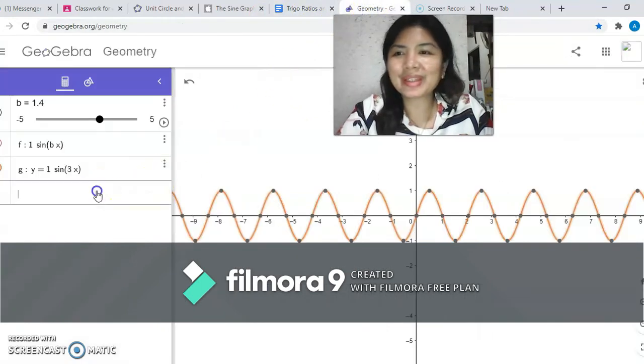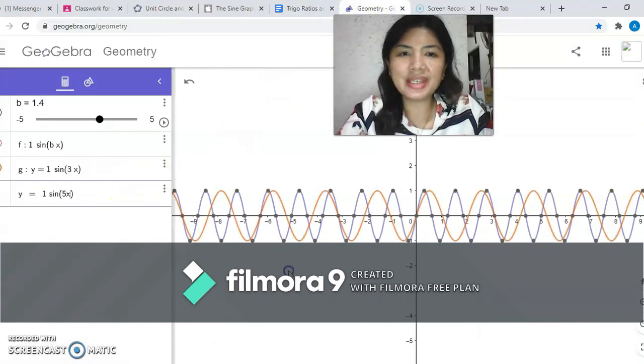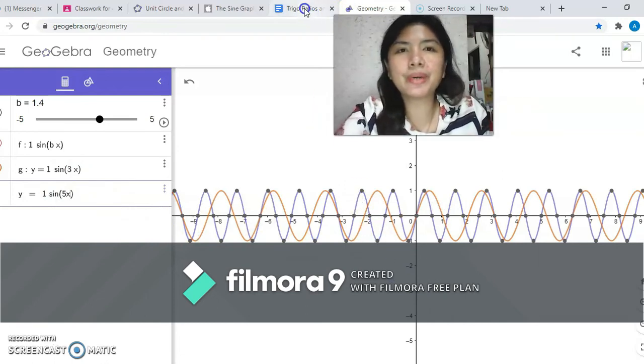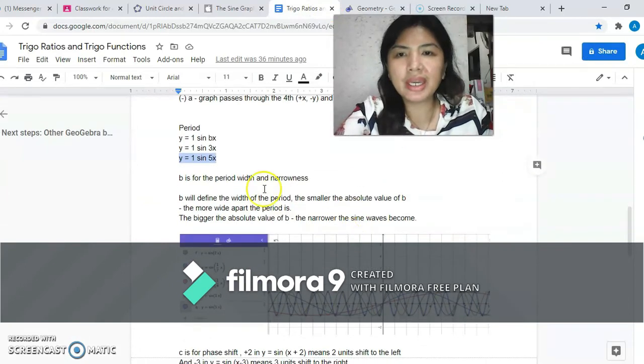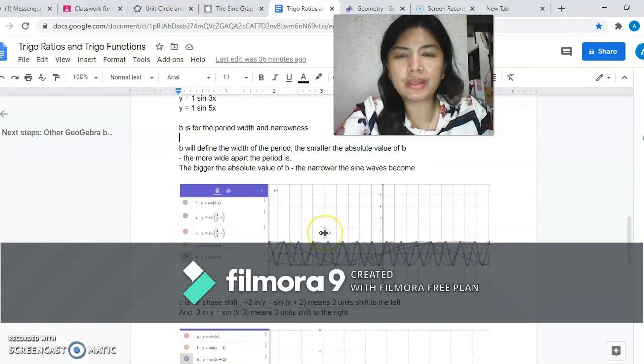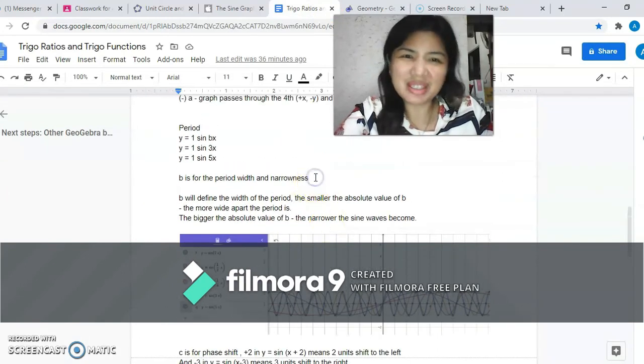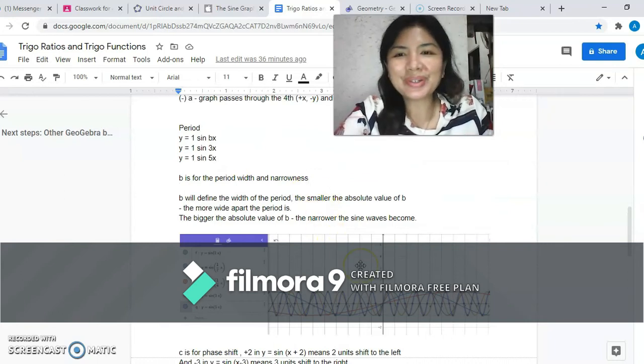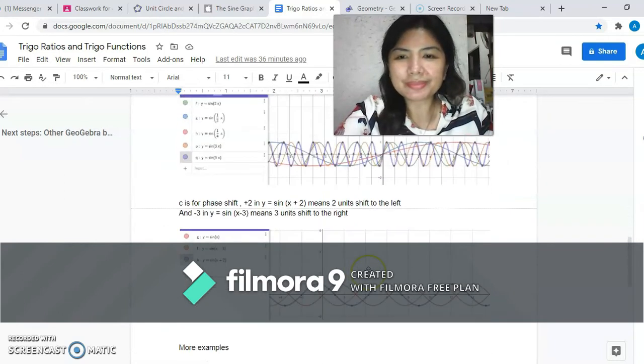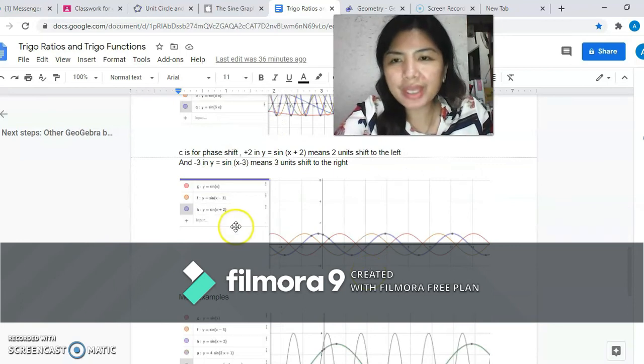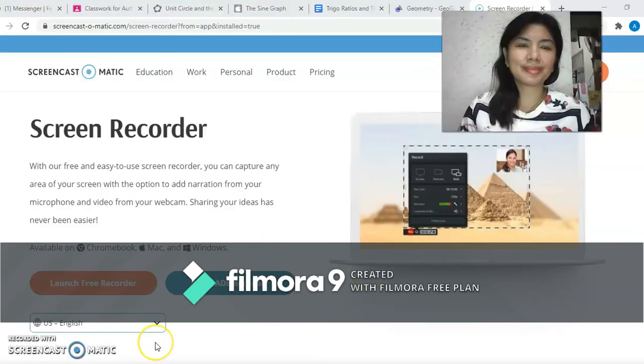See, 5 is bigger than 3, so it's narrower. The purple one is narrower. So that's for the period, the width and the narrowness of the period. And lastly, we have the C.